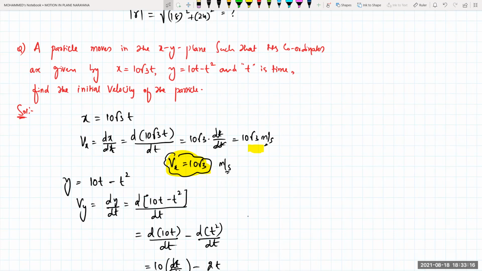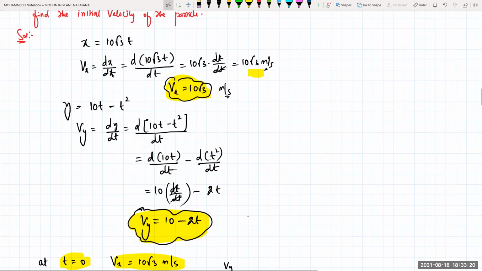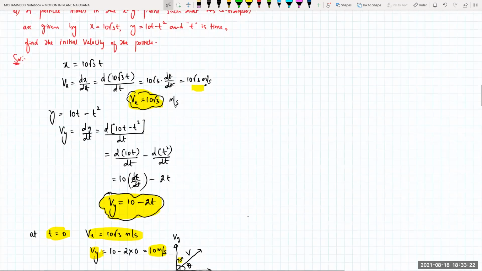So 10 minus 2t. For the initial velocity, the time is 0.